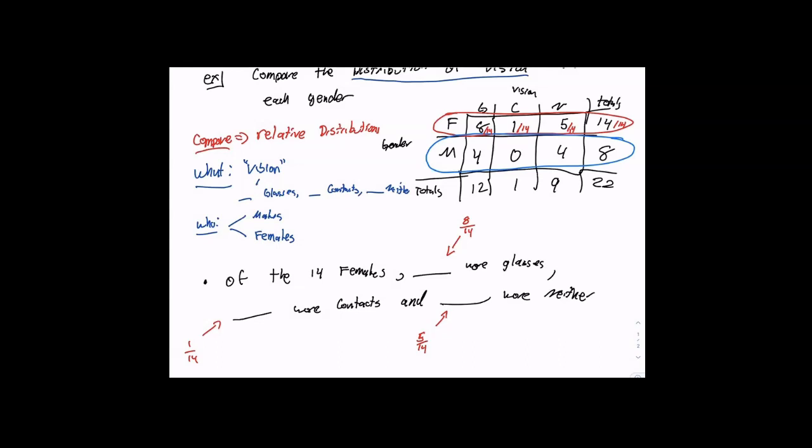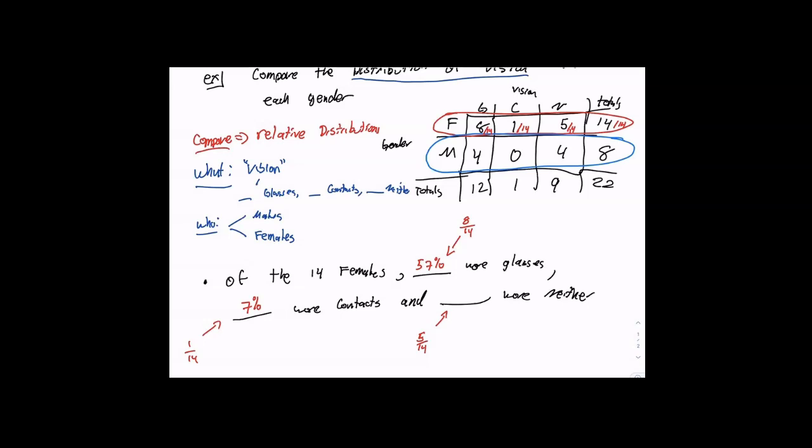We actually got these same numbers yesterday. 57.1%, about 57%, good enough. 1 divided by 14? 7%.